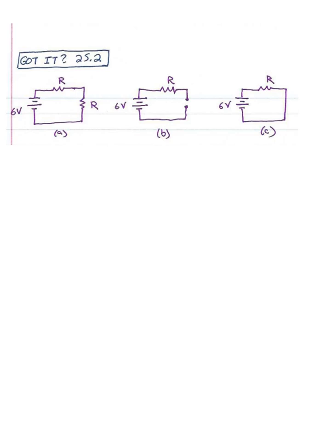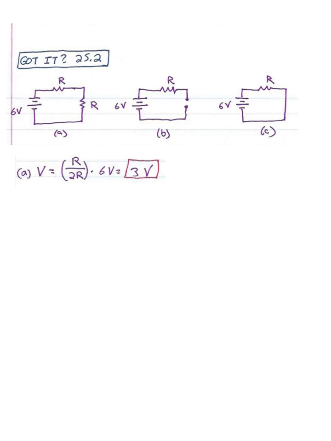All right, so let's first think about A. You've got 6 volts and you've got these 2 identical resistors. And again, the question is to rank from highest to lowest the voltage across the identical resistors R. Well, in picture A, the voltage is going to be the resistance of the one resistor divided by the total resistance.